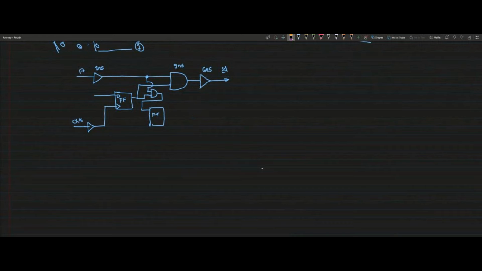The same clock is driving this also, and this output again drives this AND gate, and also this output.